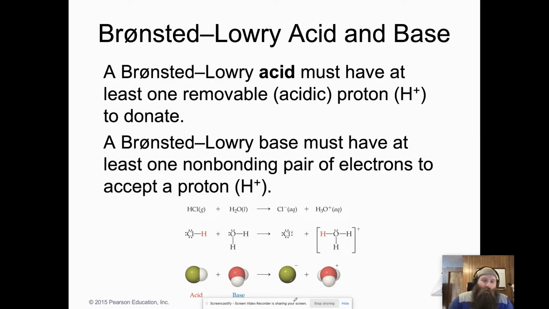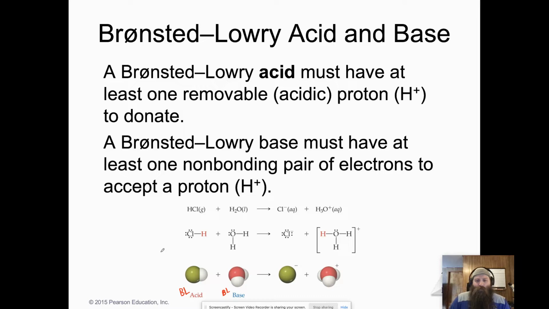Now, if you're going to be a Brønsted-Lowry acid, you have to give up a proton. If you're going to be a Brønsted-Lowry base, you have to have at least one set of lone pair electrons in order to steal that acidic proton, in order to accept that proton. So in water's case, water in this reaction is acting as a Brønsted-Lowry base. Let me move that down just a little bit. There we go. And here I have a Brønsted-Lowry acid.